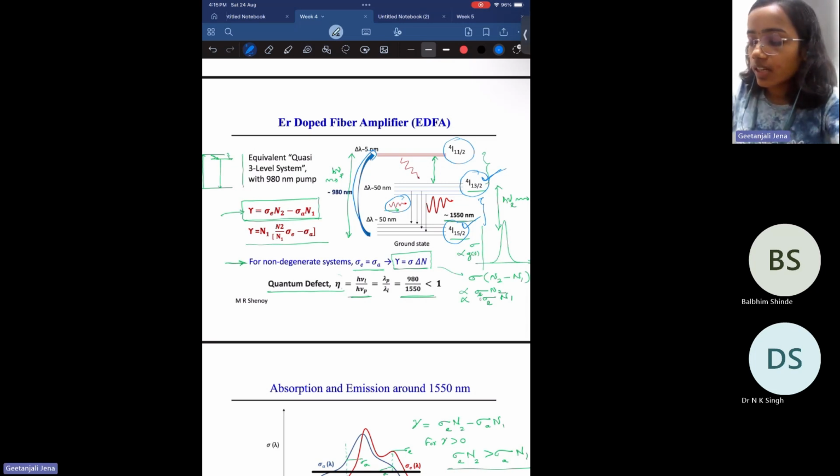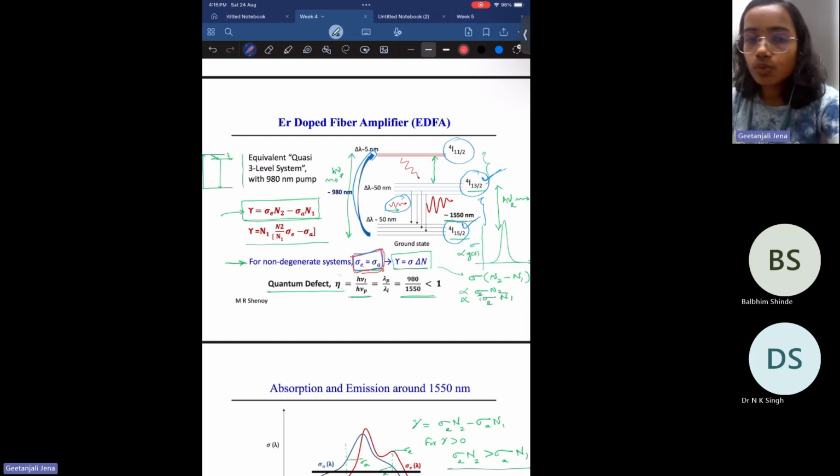Previously we have seen that for a non-degenerate system, we can approximate the cross sections. Please remember this small approximation that we are using from time to time, as it will help you to solve the problems.